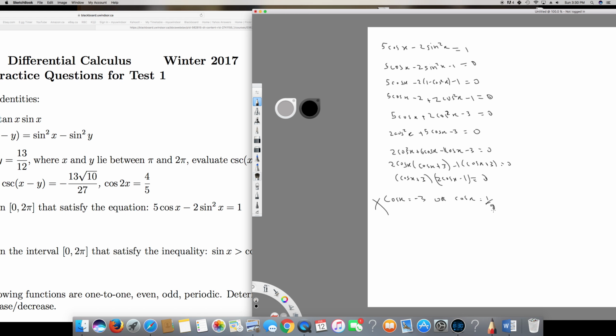They have mentioned the interval is 0 to 2 pi, so I can take any positive cos x, but cos x is positive in only two quadrants, first and fourth quadrant, so we have to only consider those two quadrants. And when is cos half? Cos is half at 60 degrees from horizontal.